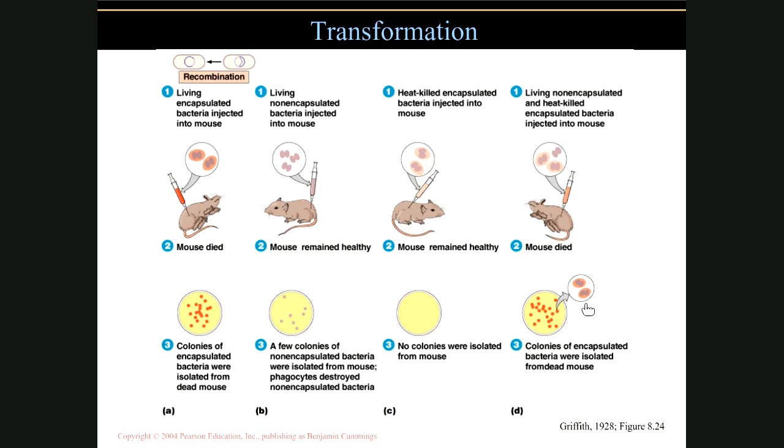Once those pieces of DNA are absorbed, they may be degraded by the bacterial cell, or they may code for something that's not useful, or it may only be an incomplete gene, so it serves no purpose, or maybe it's a eukaryotic gene.